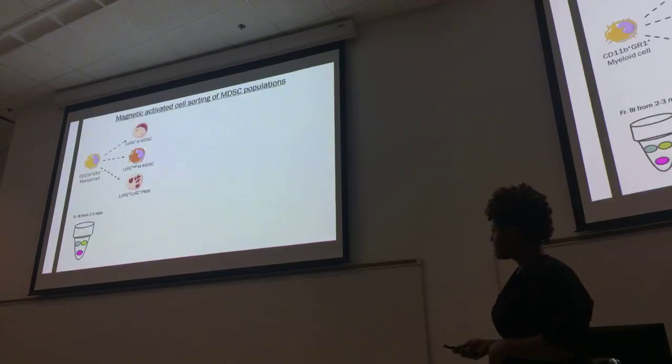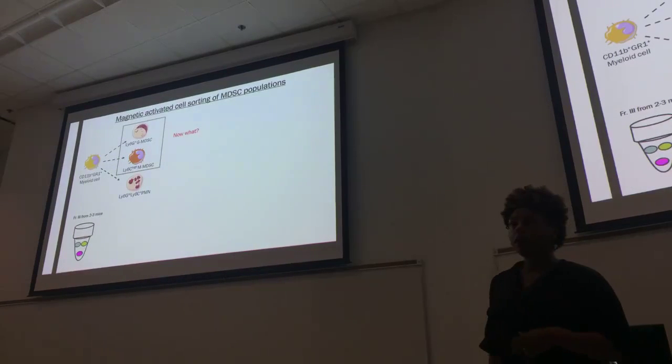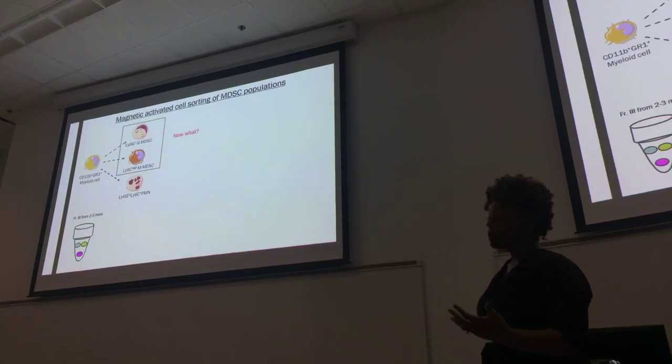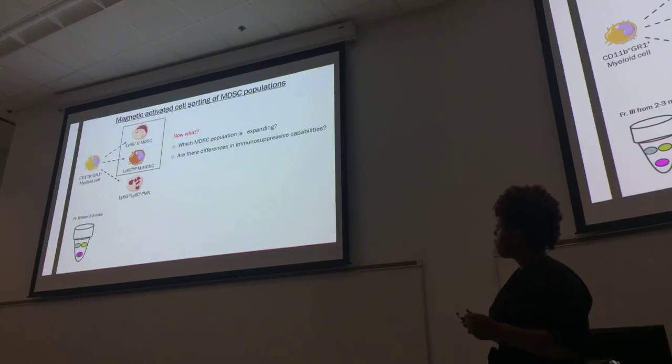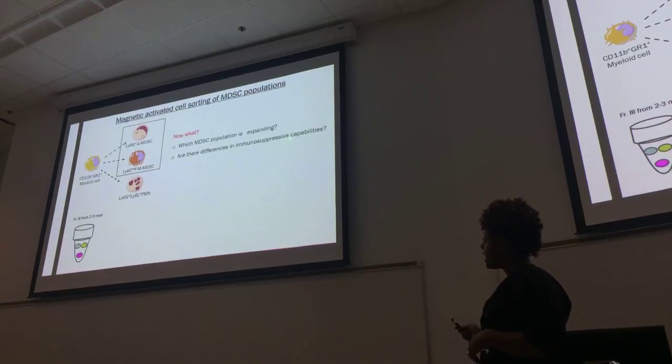With MDSC, as I mentioned earlier, they're heterogeneous, a mixed population of monocytes and granulocytes. So we wanted to know if one cell type was playing a larger role than the other, or if both were contributing. We wanted to figure out which population was primarily expanding, and if there were differences in their immunosuppressive capabilities.